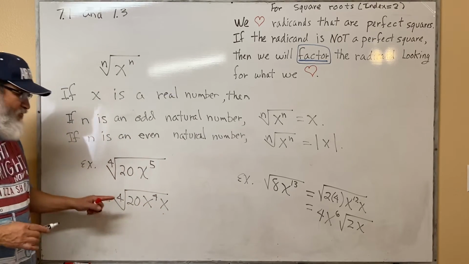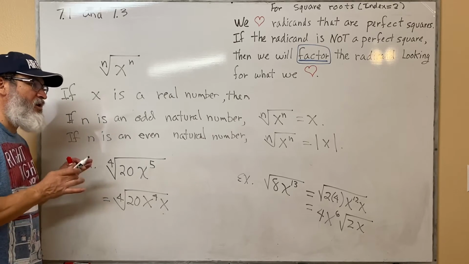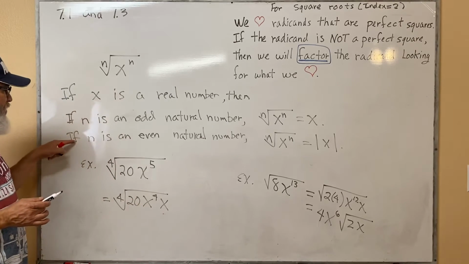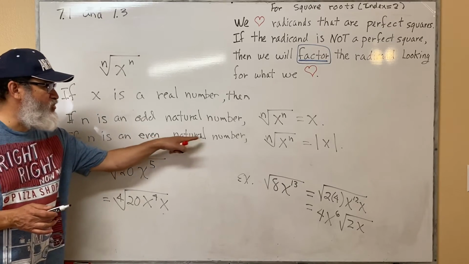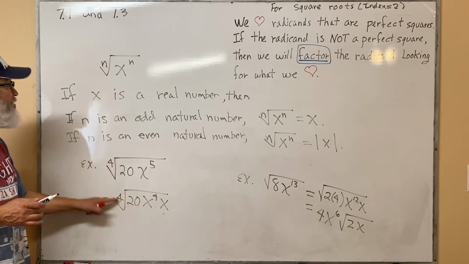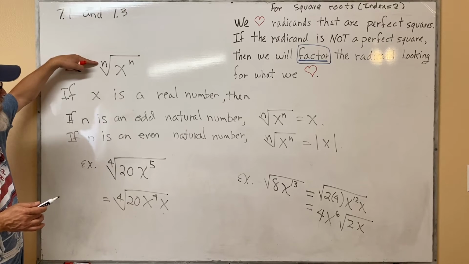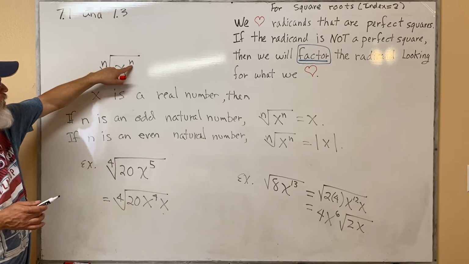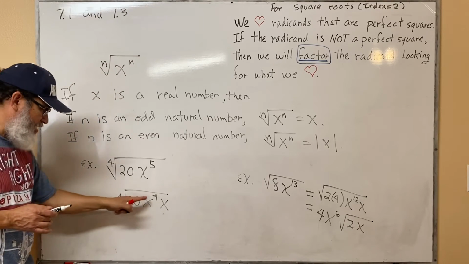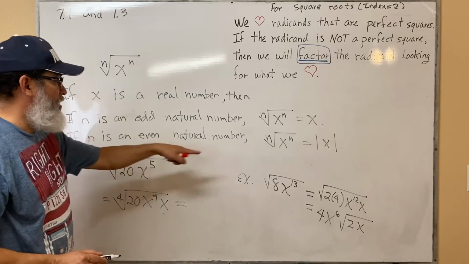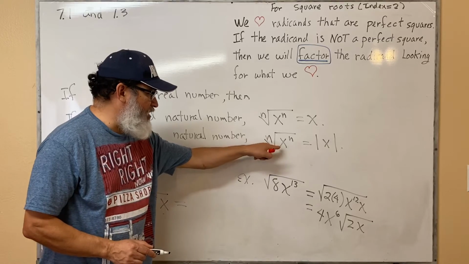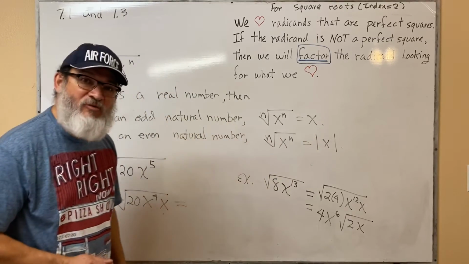You see, for any real number x, we have to apply this rule. If n is an even natural number, n is the index, and the index and this power are the same, then the nth root of x to the nth equals the absolute value of x.